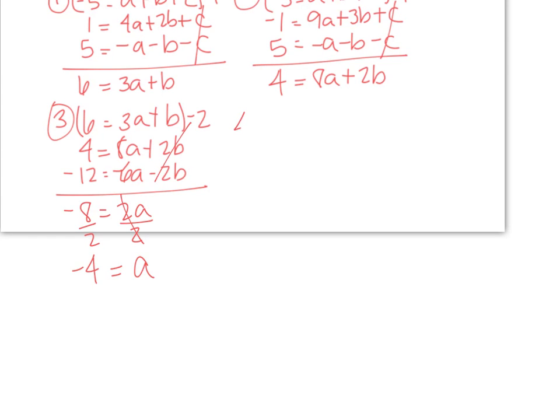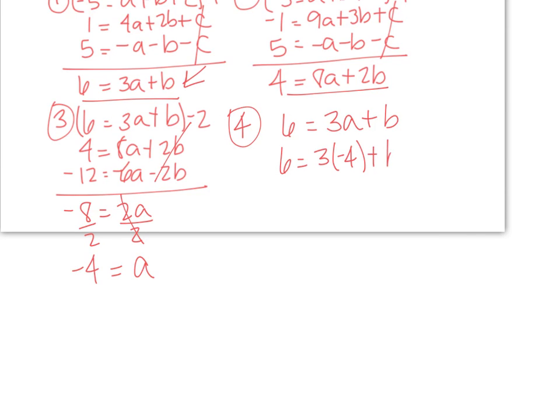Okay, so since I know a, now I'm going to use this equation to plug into so I can solve for b. So I'll just use this one here. So 6 equals 3a plus b. I'm going to substitute in 3 times -4 plus b.